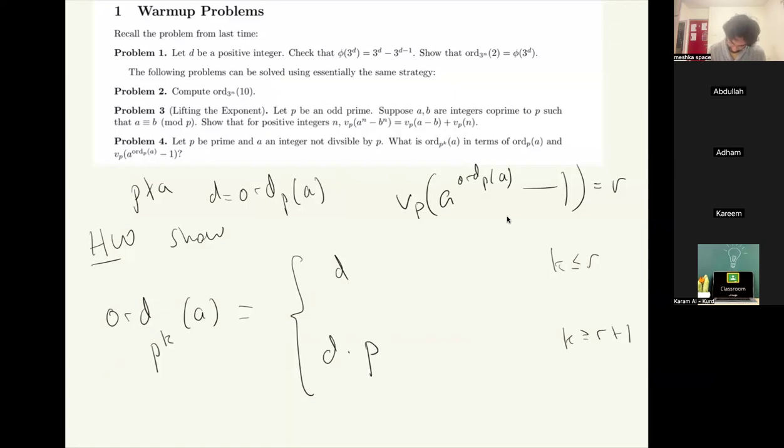now I need powers of P. I take P to the power of K minus R plus 1, like this. Maybe minus one, right? Sorry, I'm a little bit confused.